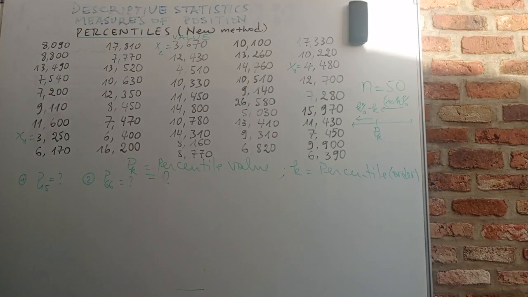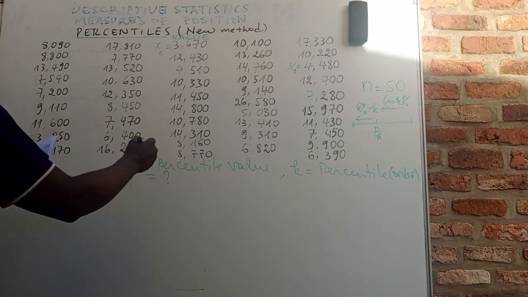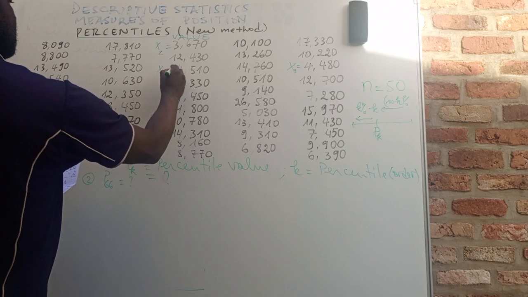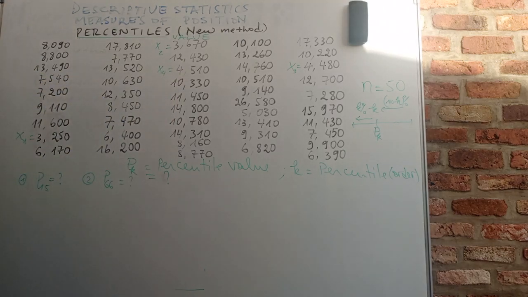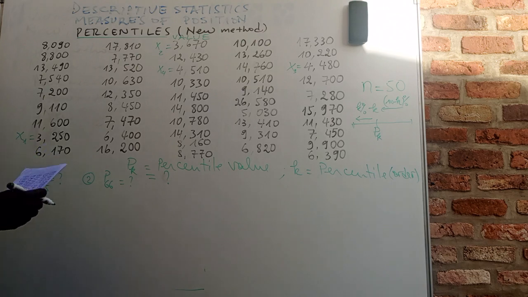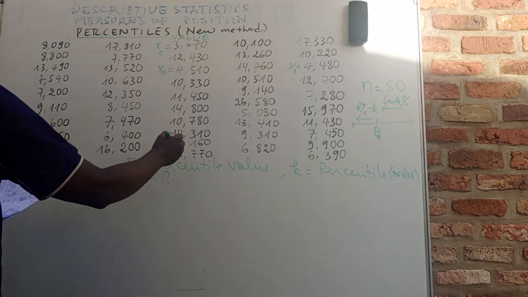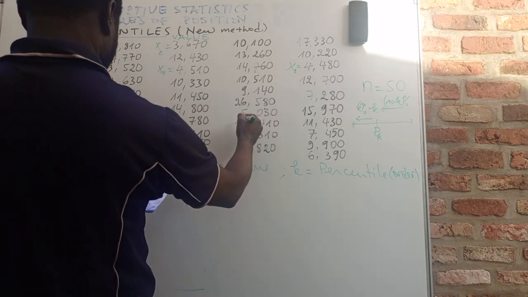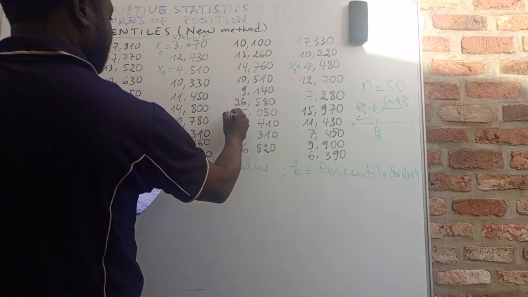The fourth, 4510, is here, X4. And X5 is 5030. Where is it? Over here, X5.